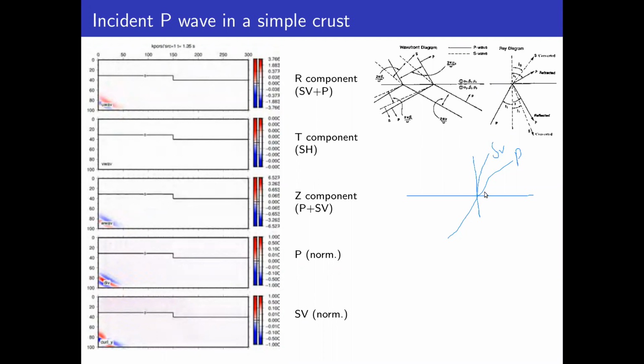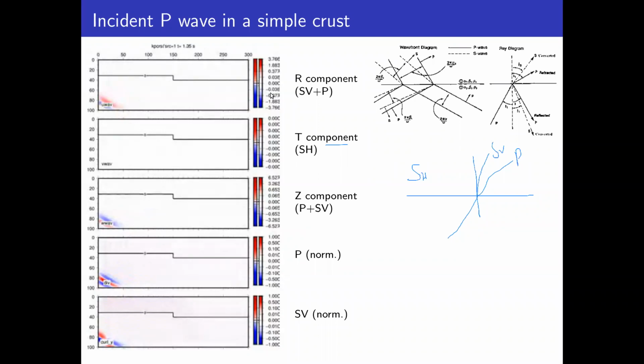So if you do the analysis of the receiver functions that we're going to go through, this doesn't generate any SH wave. So if you look at the transverse component, there should be no energy on the transverse component.